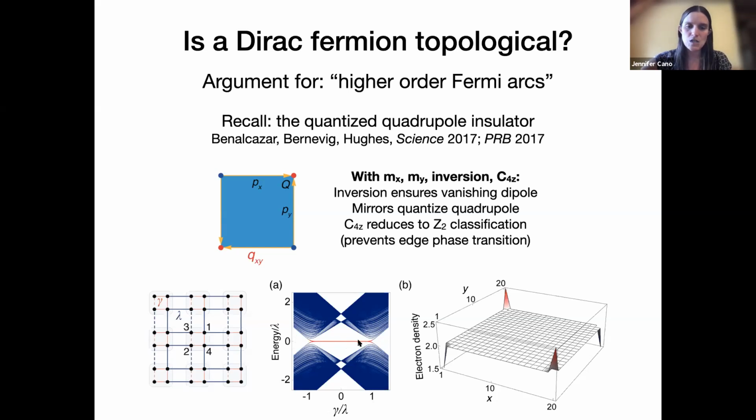And if you look at the spatial localization of these states, you see that they're localized at the corners. So that's what the higher order TI or quantized quadrupole insulator phase is. It's an insulator, and it has mid-gap states, which are localized at the corners of the system where two surfaces meet.